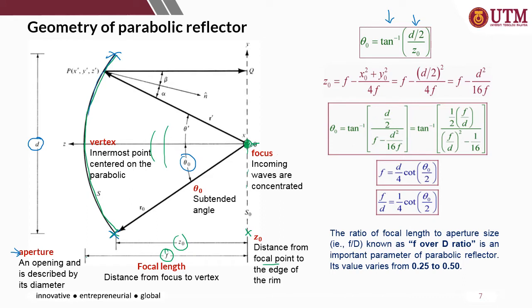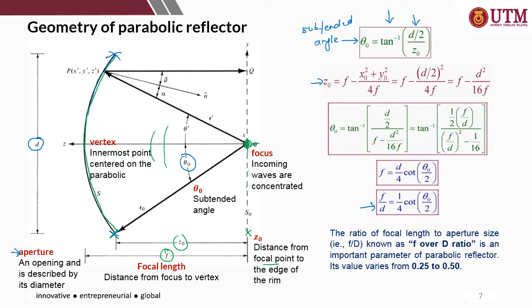Okay, alright, so the two important parameters in parabolic reflector design are theta, the subtended angle, and Z naught, the distance from the focal point to the edge, and also the ratio between the focal length to the diameter of the parabolic or the aperture.